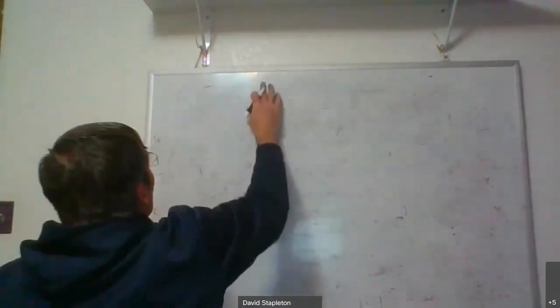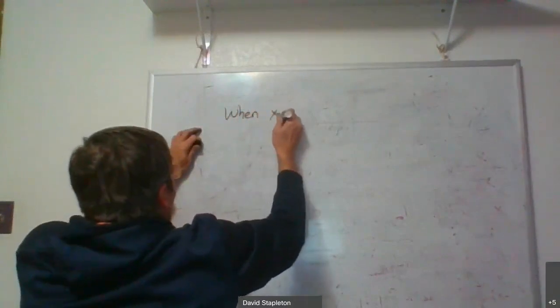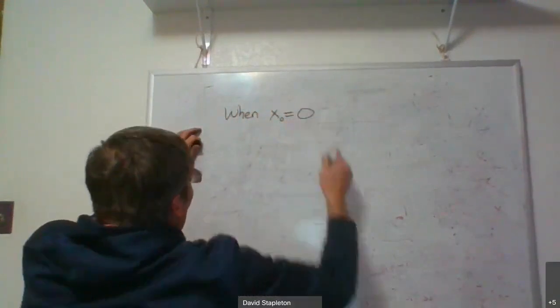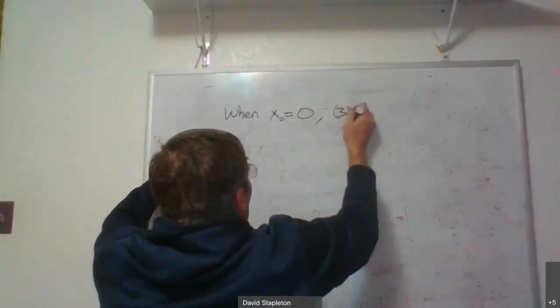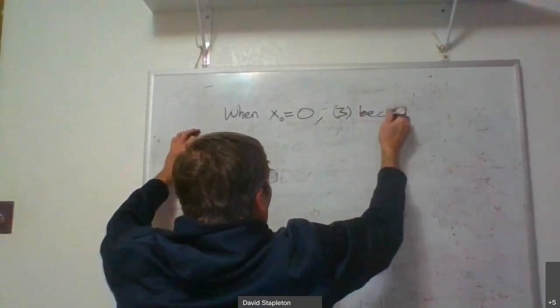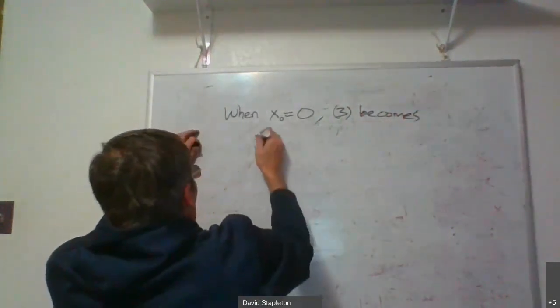Now, special case, when the expansion point x0 is 0, equation 3 comes. This is the special case of the Taylor polynomials.